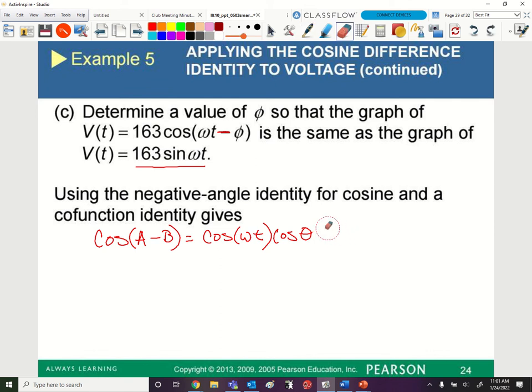Why do I keep messing this up? Plus sine of wt sine of theta. All I did is use that same identity, but since I know what the value of wt is, we're going to try and figure out what the theta is going to be.